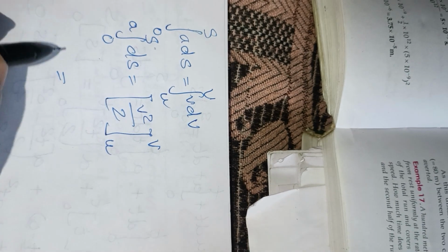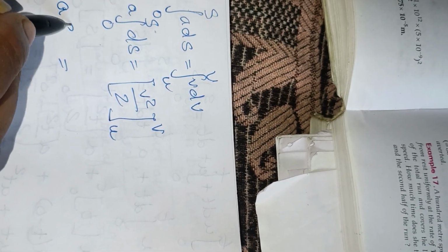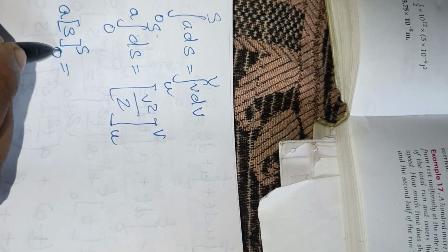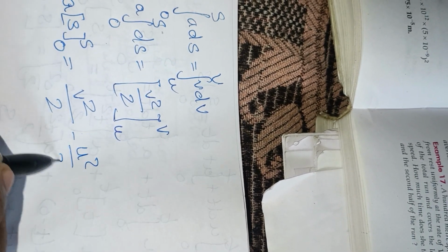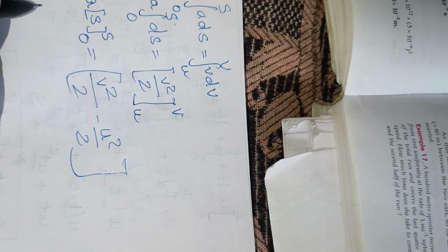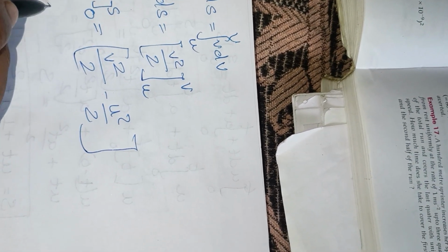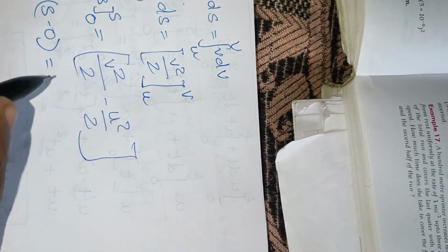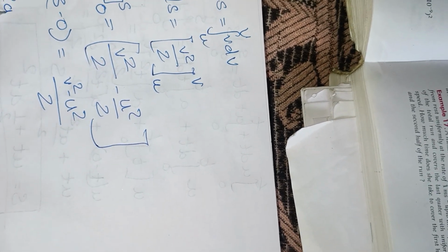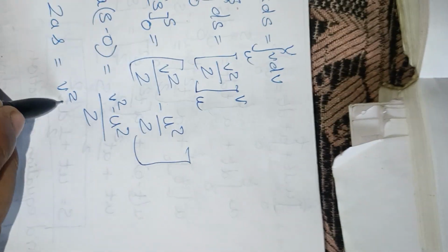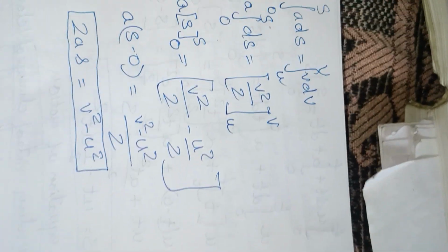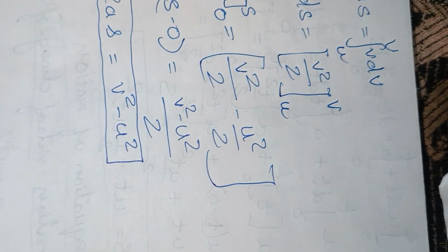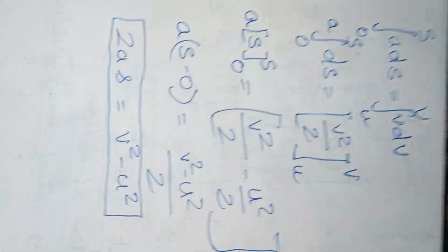So a of s minus 0 equals v square by 2 minus u square by 2, which is v square minus u square by 2. We can also write it as 2as equals v square minus u square. So my third equation of motion is derived as v square minus u square equals 2as.